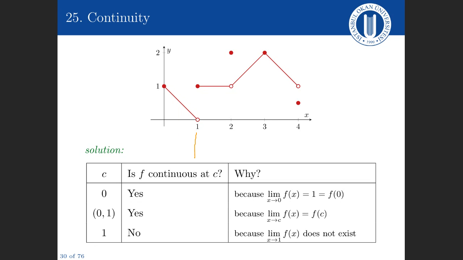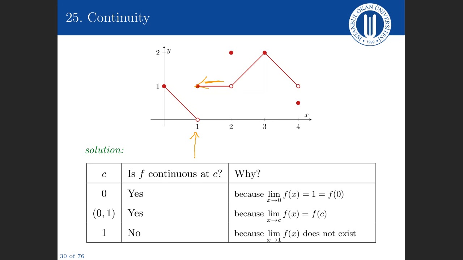What about at 1? Is the function continuous at 1? The answer is no. It's not continuous because the limit does not exist. If we only looked at the left side, the limit would be equal to 0, but if we only look at the right side, the limit would be equal to 1. 0 and 1 are different numbers.